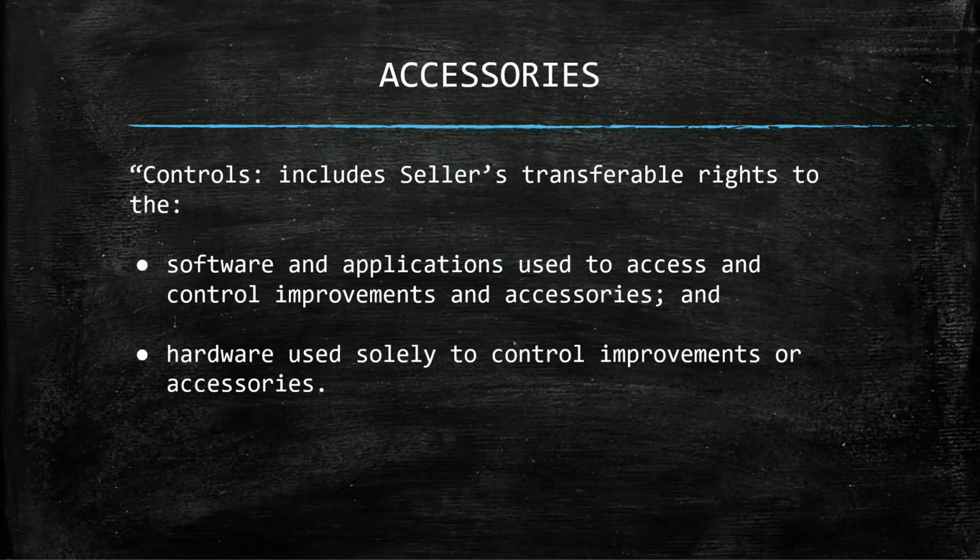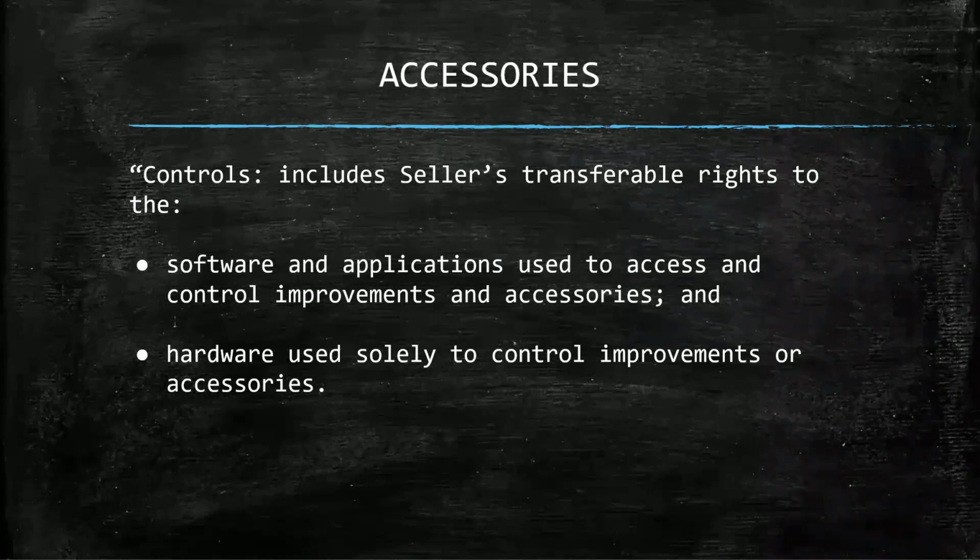And it includes the hardware that is used solely to control the improvements and the accessories. So if we have, let's say, a garage door opener, the little gadget that clips onto your car's sun visor, that is a piece of hardware that's used to control only the garage door opener. Garage door opener is an improvement. And so the remote control goes along with it, the control device.